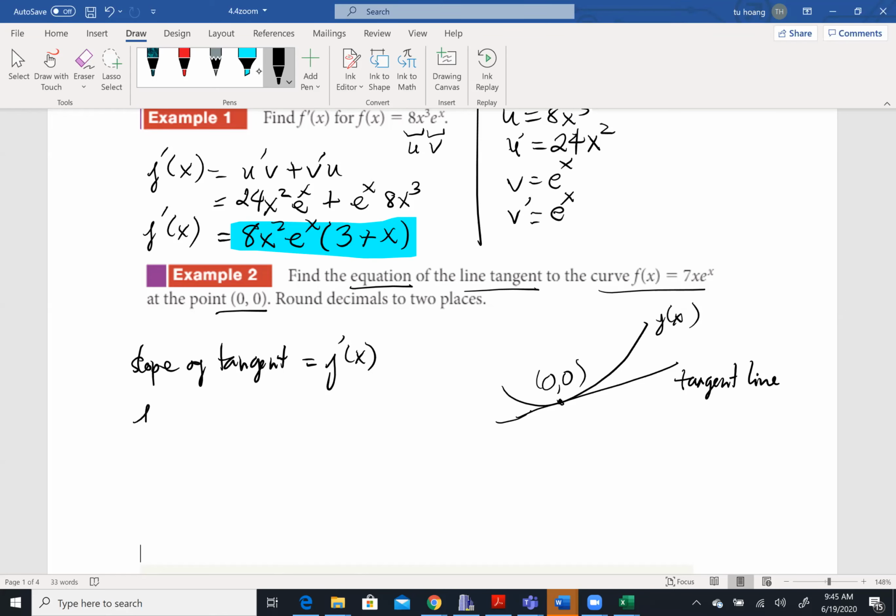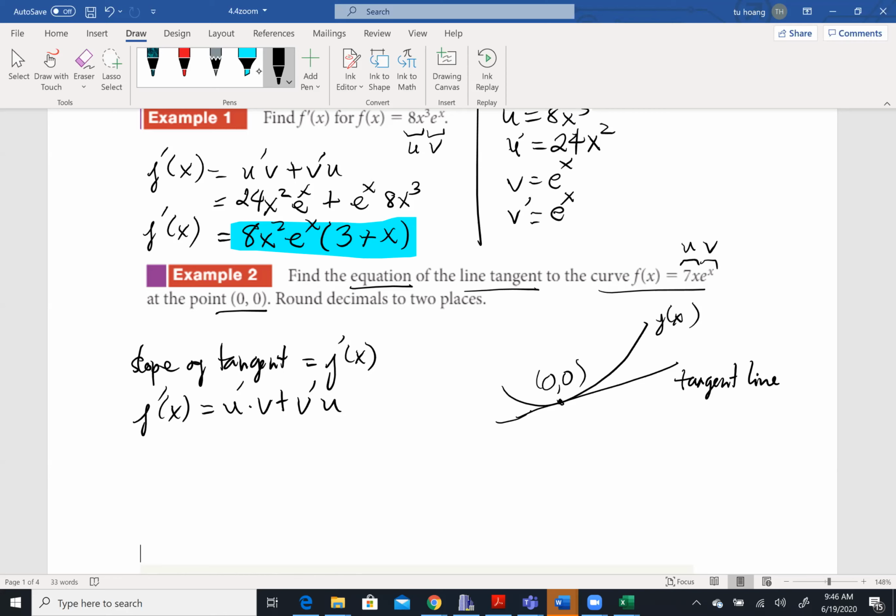You're going to see that here you have a polynomial 7x multiplied with an exponential function. So I'm going to say this is u and here's v. Now you are having a product, so you need u prime times v plus v prime times u.